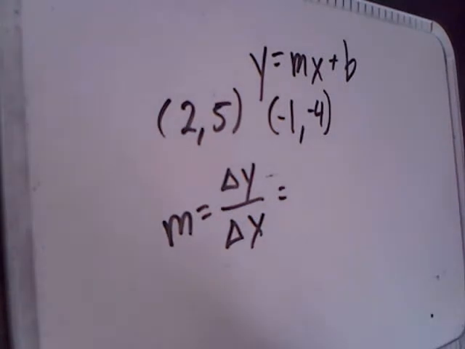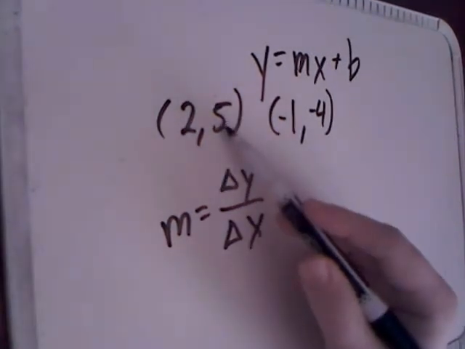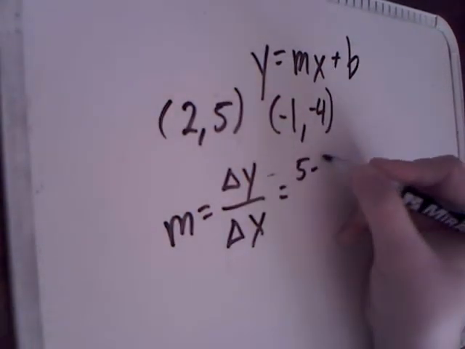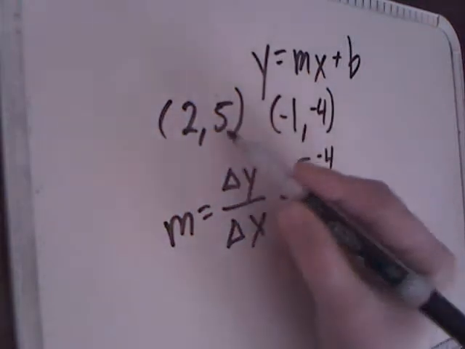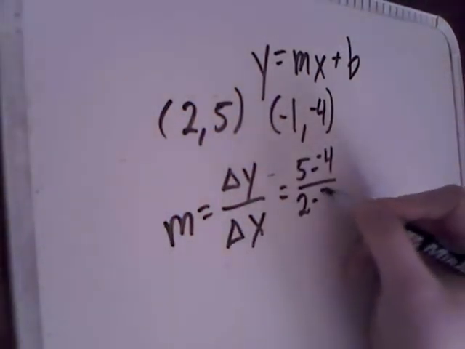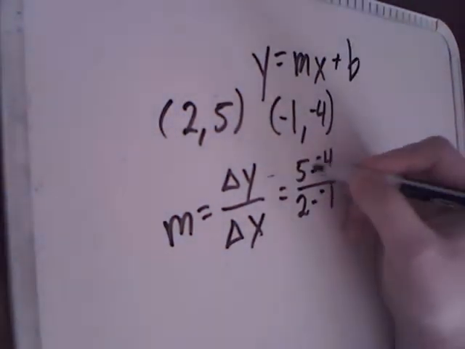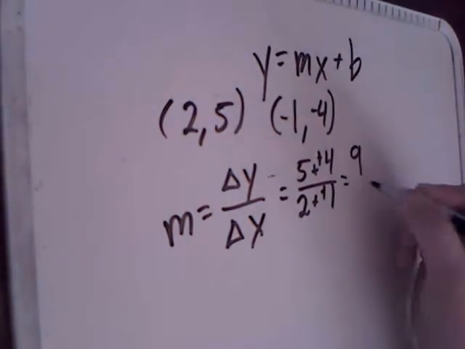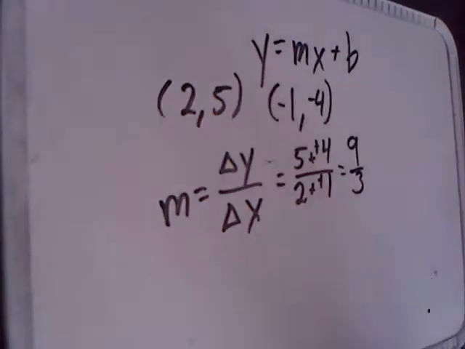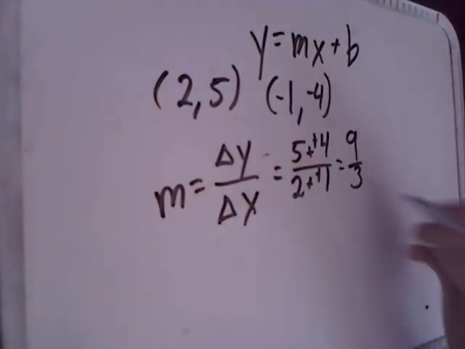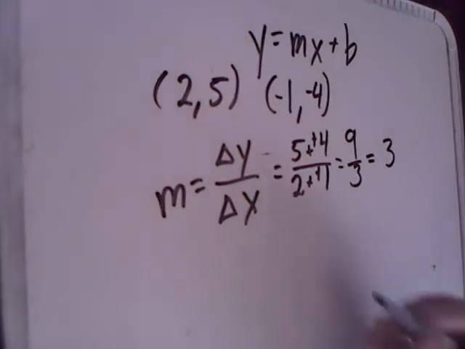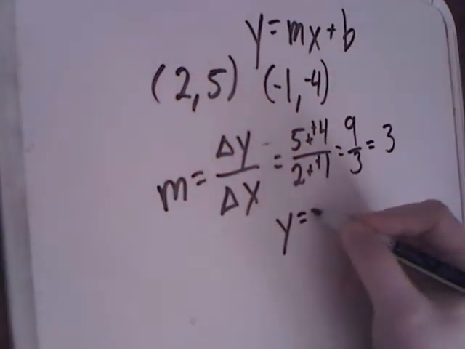I'm going to make this my point 2, so I'm going to start off with this point. So I'm going to say 5 minus -4, and 2 minus -1. I'm going to add the opposites on here. 5 plus 4 is 9. 2 plus 1 is 3. 9 over 3 can actually be reduced so that my slope is 3, which is a much nicer number to work with. So I'm going to put that into my equation.